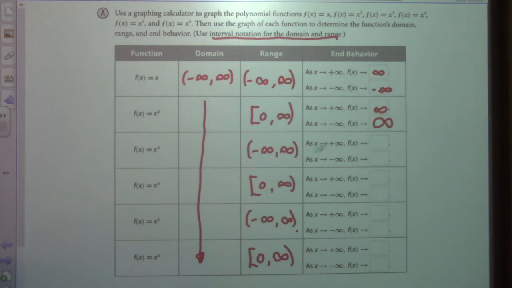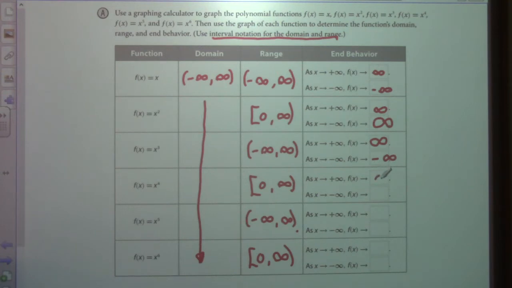Okay, the next one we have is x cubed. As x approaches infinity, f of x approaches... As x approaches negative infinity, f of x approaches negative infinity. And do you see some kind of a pattern here?